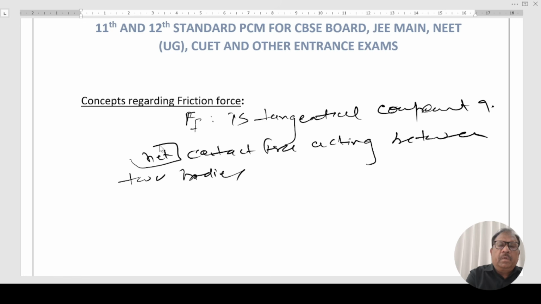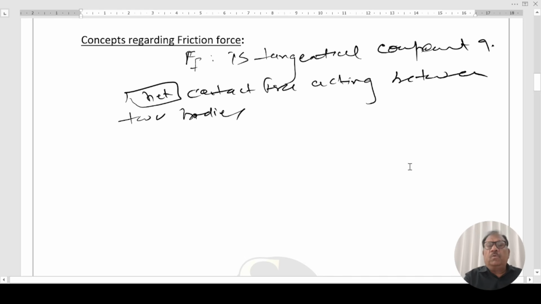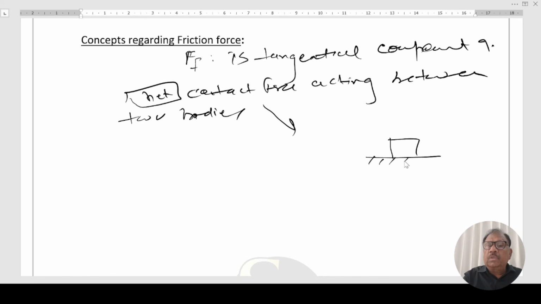What is net? Net contact force. First of all, I will discuss what the contact force is. This is the body, this is the surface, resting on this body of mass m. Then the contact force will act in such a way that one force acts on this side, one force acts on that side.